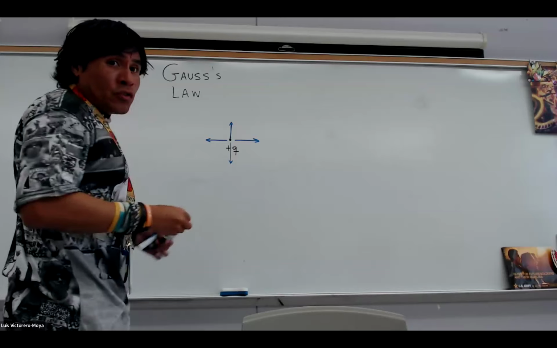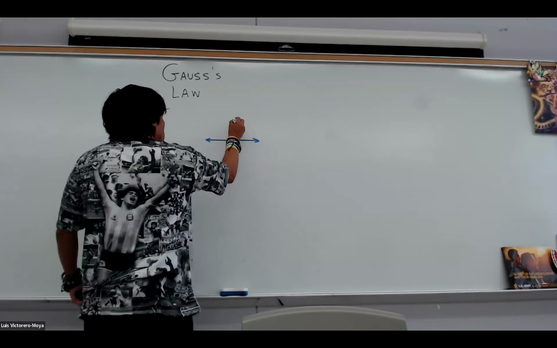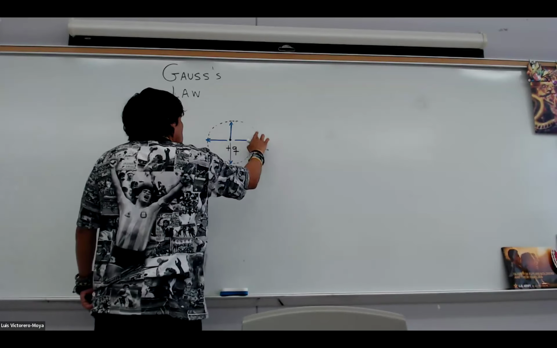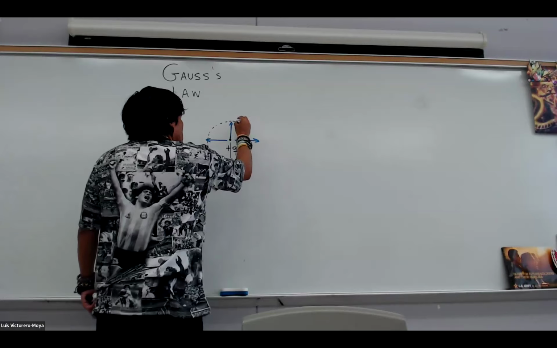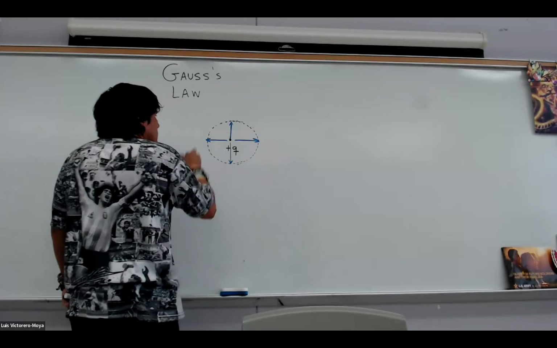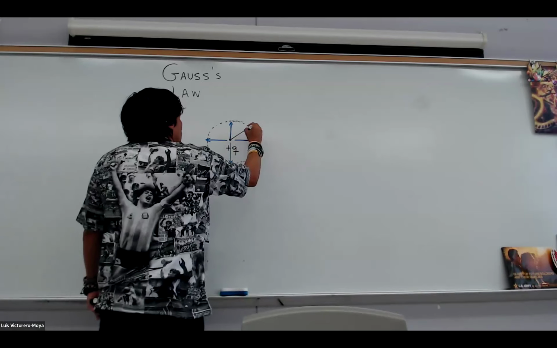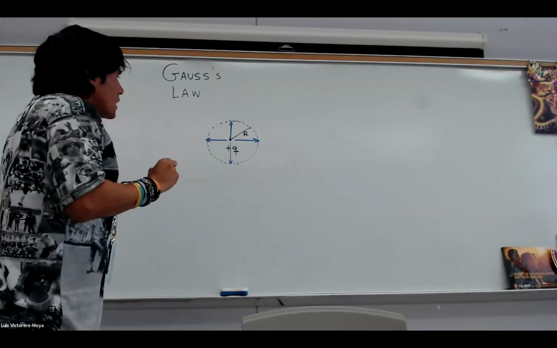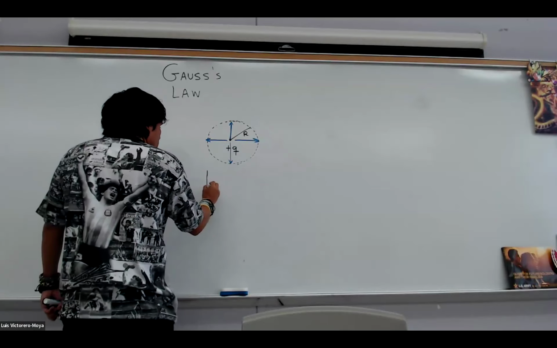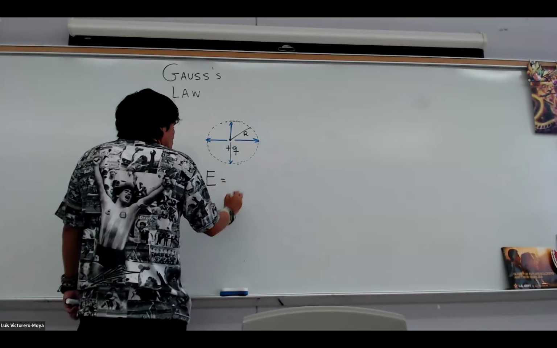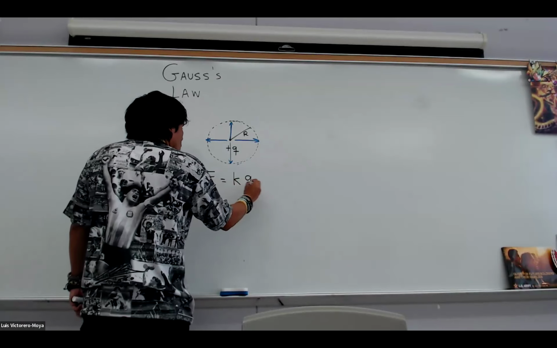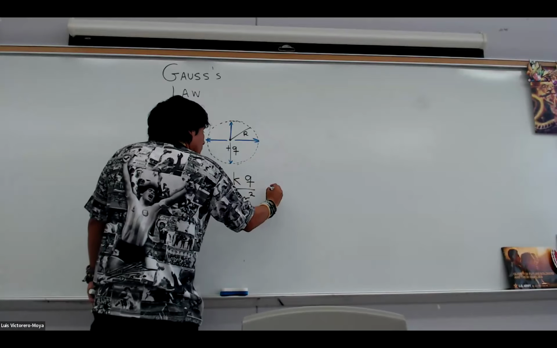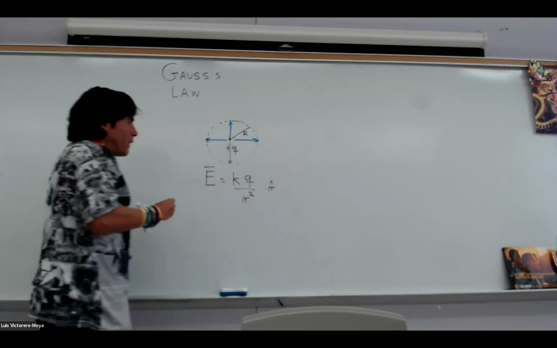Then I can enclose the charge in what we know as a Gaussian surface, like that. So this is a Gaussian surface with radius r. The electric field due to a point charge is k q over r squared. Vector-wise, in this case, we're getting an r unit vector.